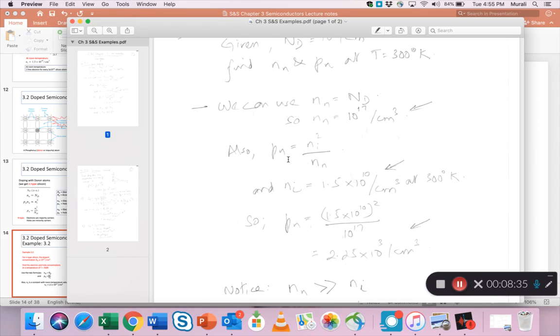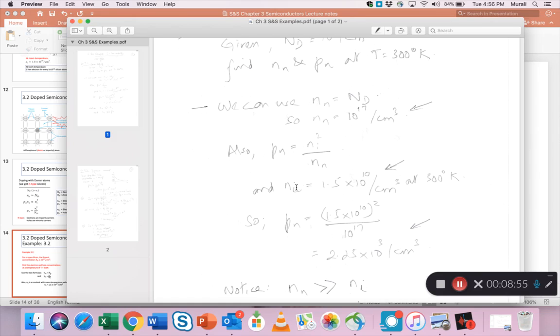We have to use this formula, Ni square by Nn, right? Because the product of the two will always be Ni square.